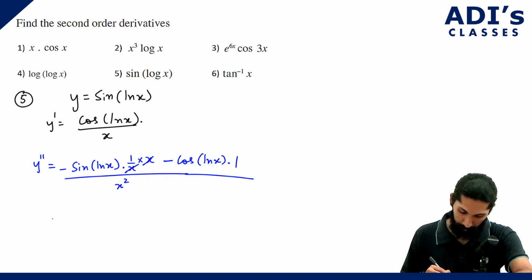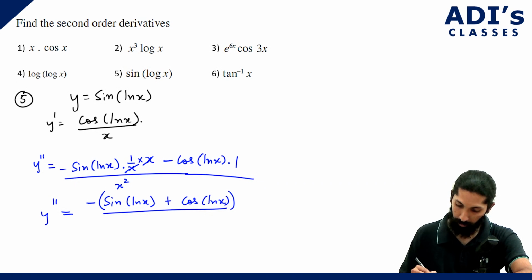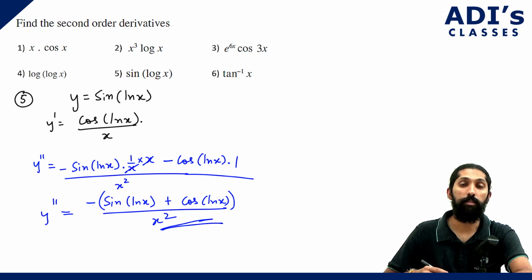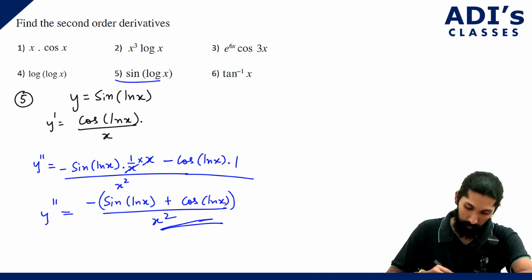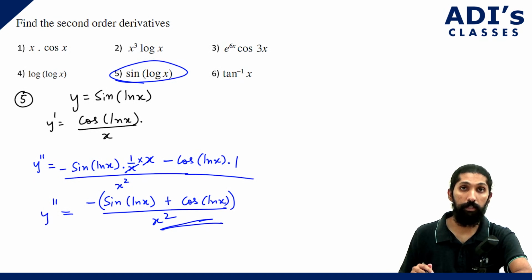So what do you get? y double dash is equal to minus of sine of log x plus cos of log x whole divided by x square. This is the answer for this one, the fifth question. Fair enough? Let's do the sixth one now.